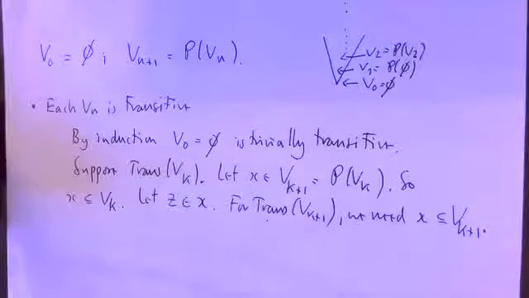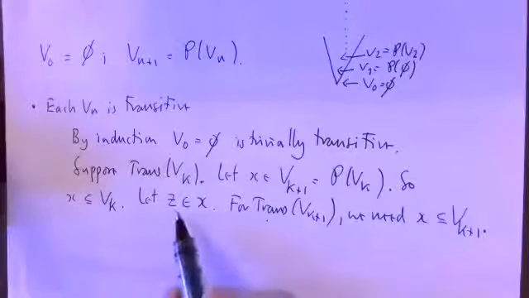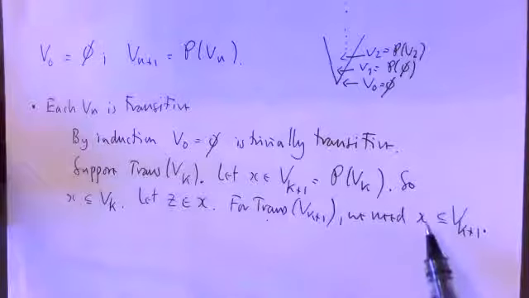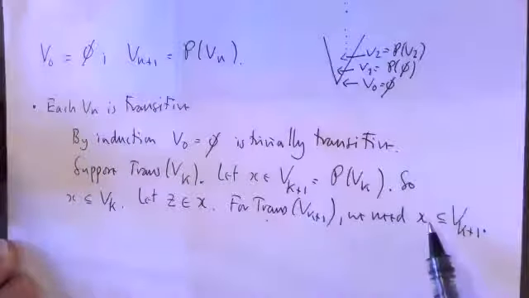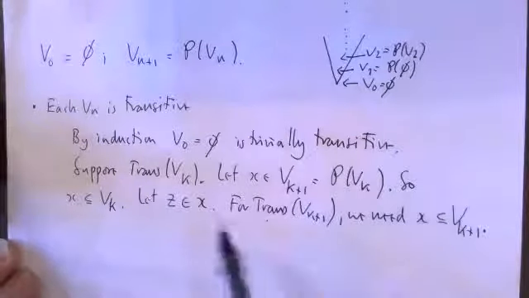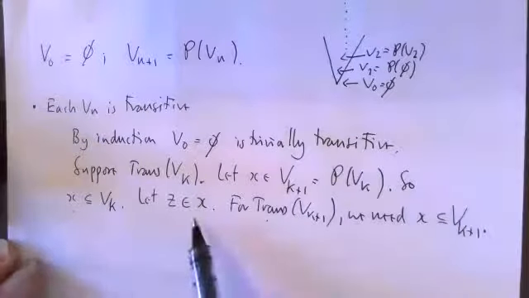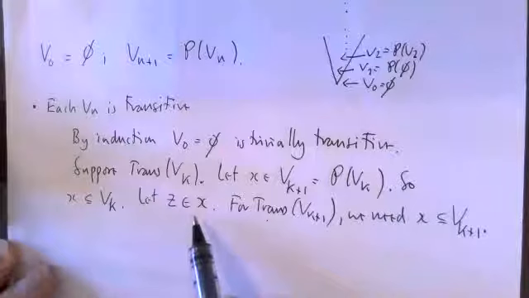Right? So we need all of these elements to be subsets here. Okay, but X is a subset of Vk here.